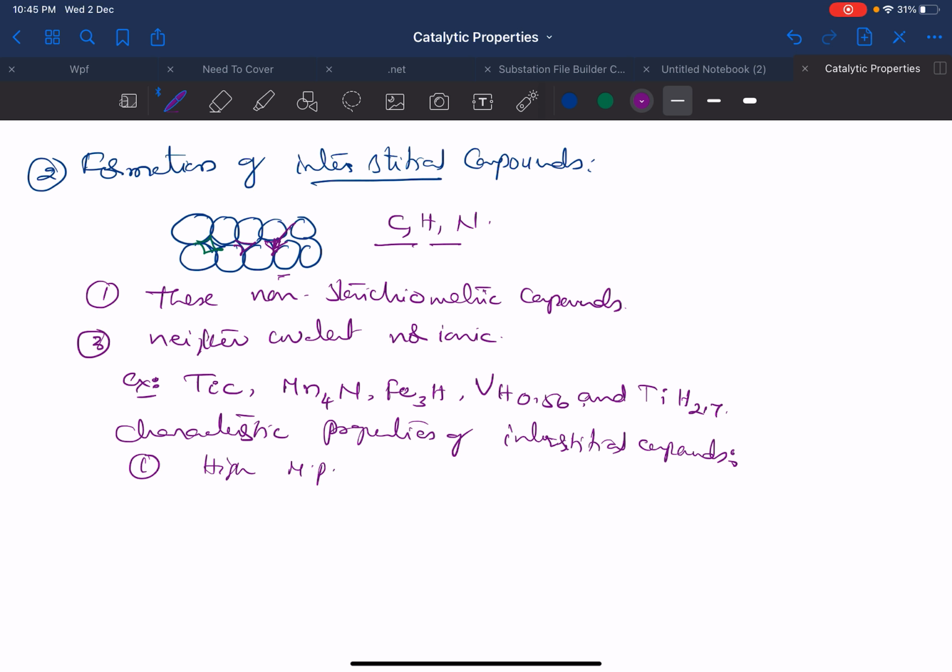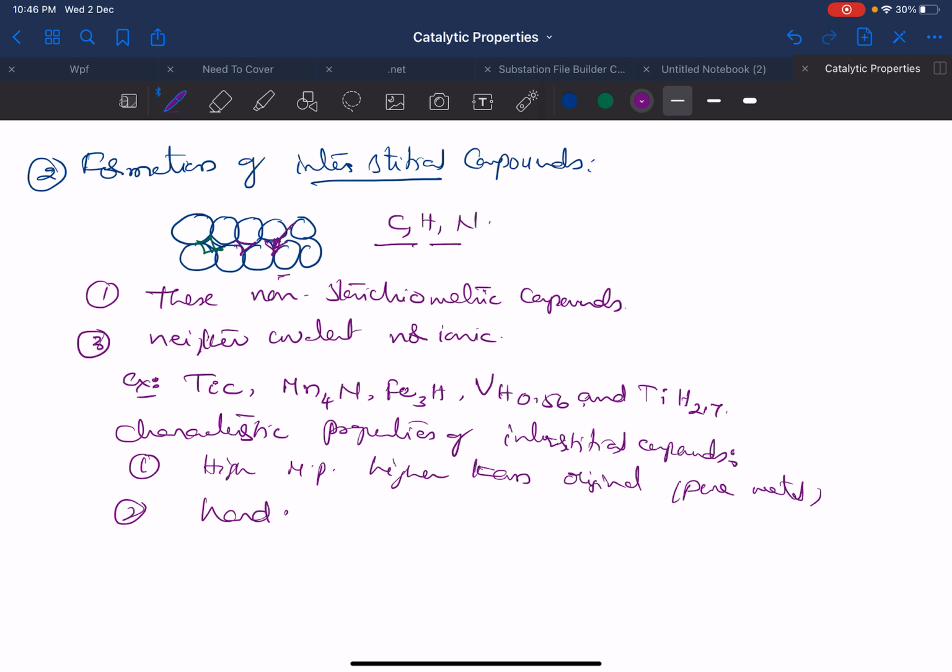These melting points are higher than the original metal or pure metal. Second, they are very, very hard. Interstitial compounds are very, very hard.